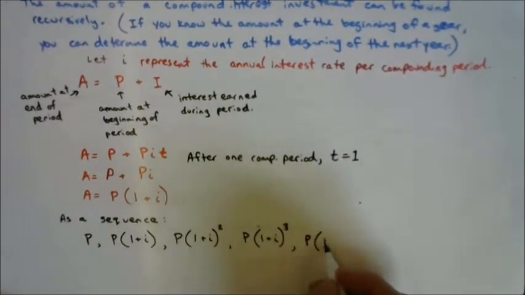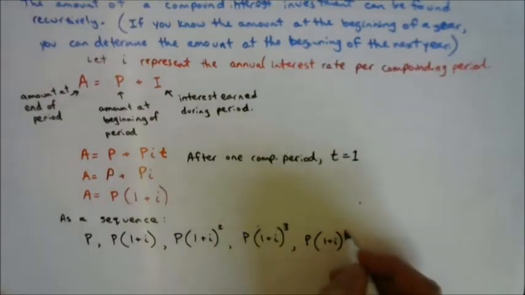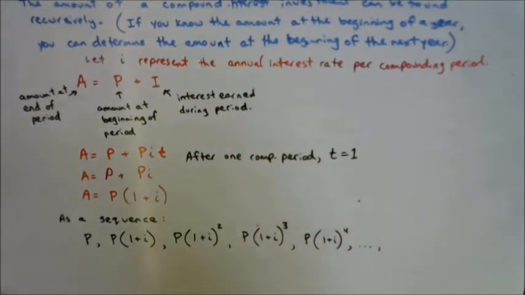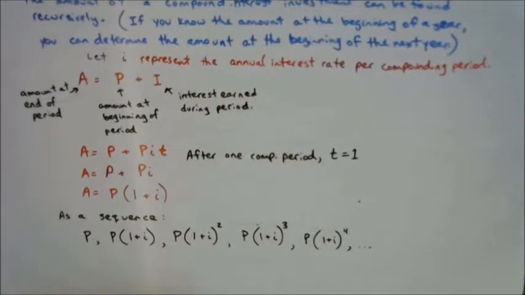After 4 compounding periods, you have multiplied it by that rate 4 times, so you have 4 factors of 1 plus i. Is this making sense? You keep going until you get to the end. It just keeps on going. So what are we trying to say?